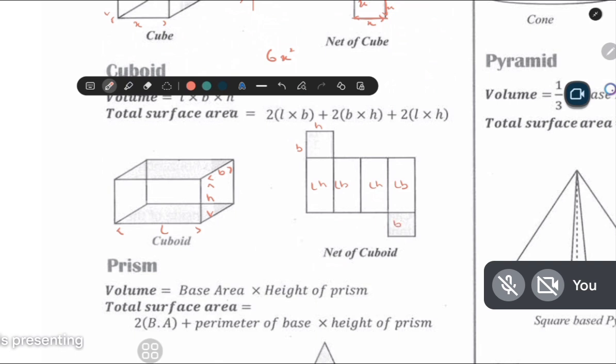So you've got BH, BH, LH, LH, LB, LB. So you've got two of each.